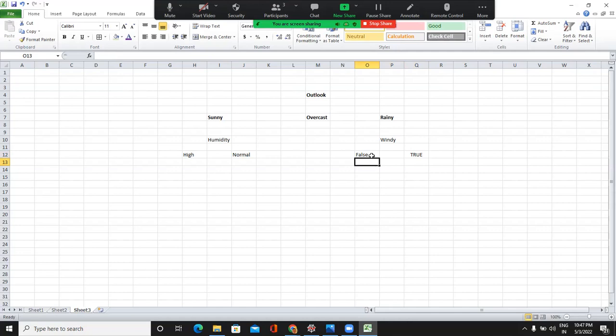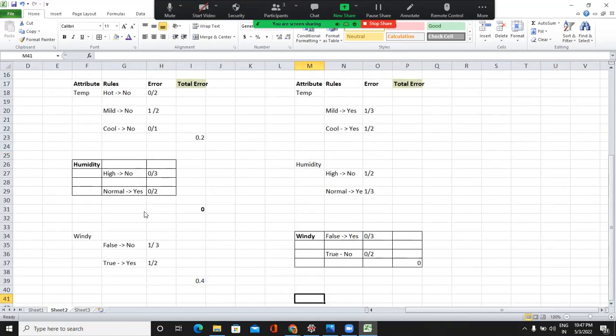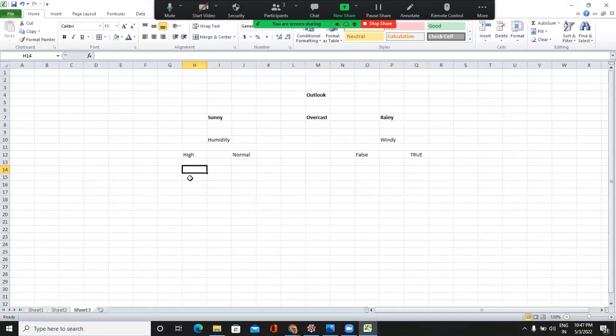Humidity is high. Then the rule is humidity high is no, and normal is yes. So this is the final node.